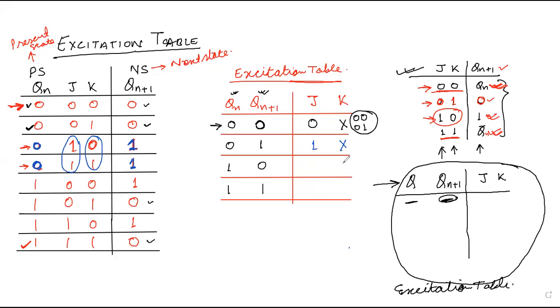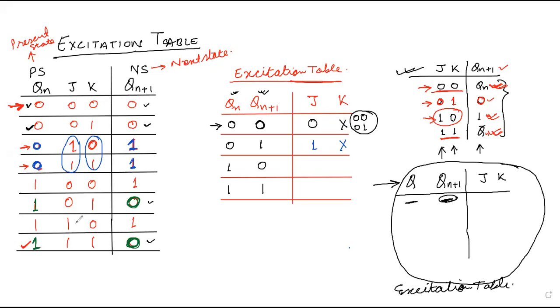Okay, now in the next case, 1 0, present state is 1 and next state is 0. Where else are we getting it? In the last one. Present state is 1 and next state is 0, in green color, on 0 1 and 1 1.